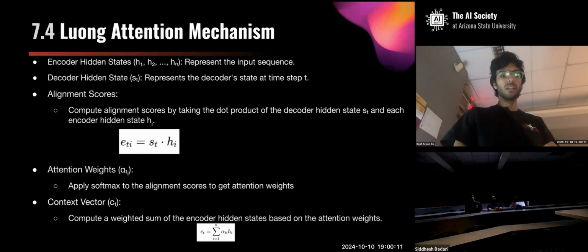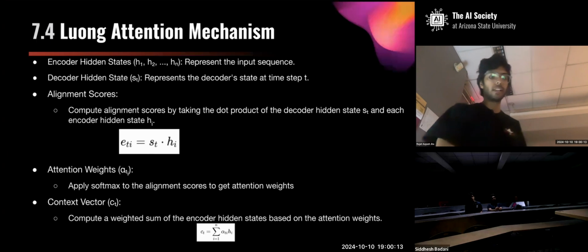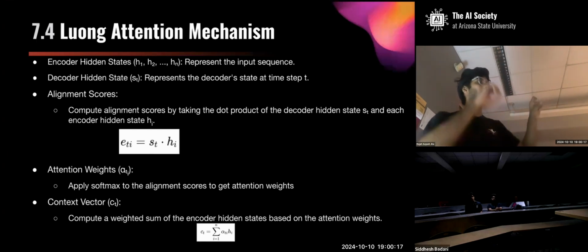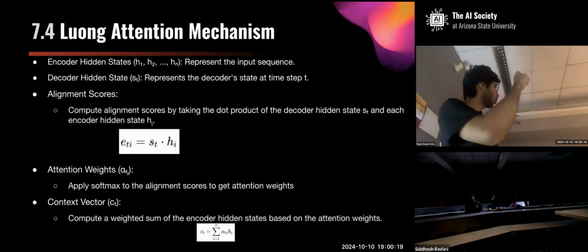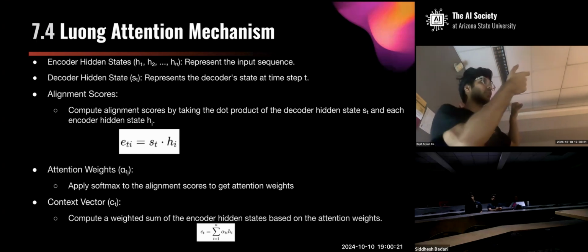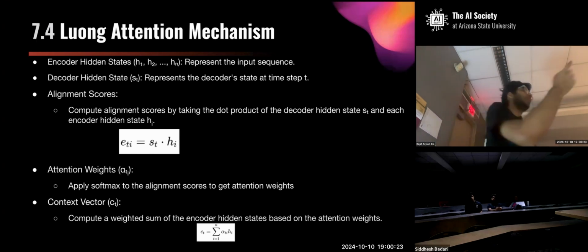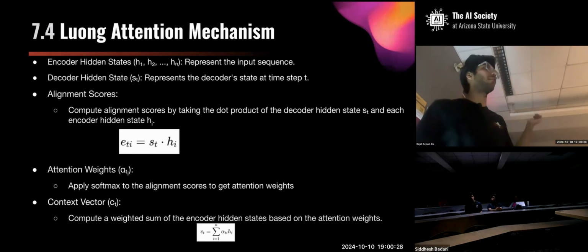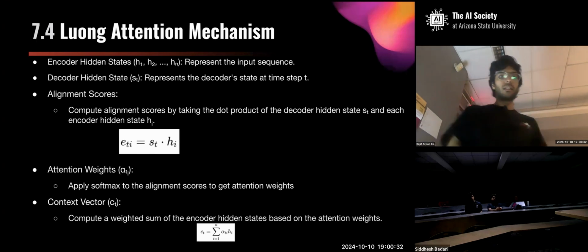Again, you do this for all the decoder states, multiplying by all the encoder states, and get the attention for that decoder state. Then you use that attention to put more weightage on whichever encoder state has a high attention score. So this was cross attention.